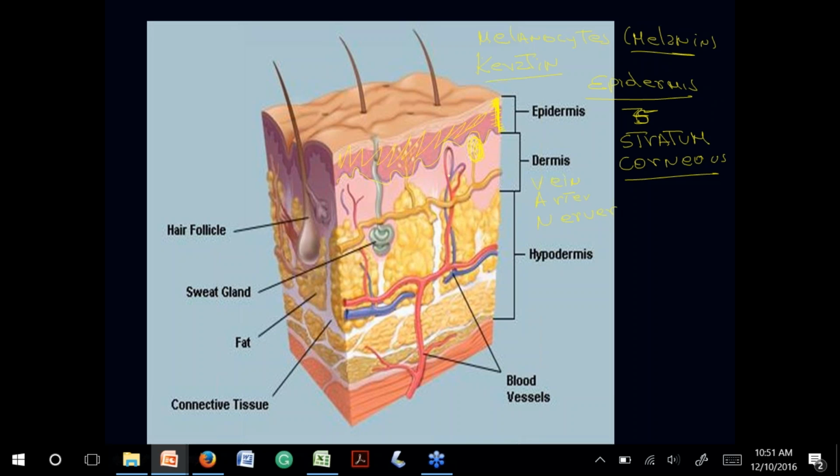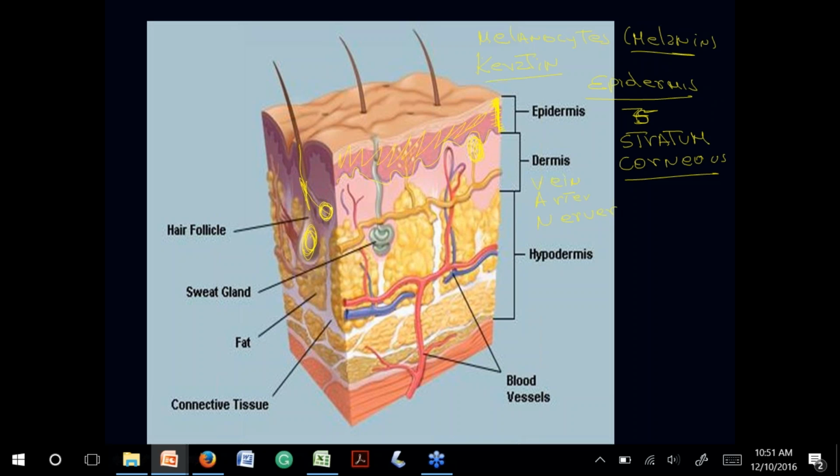Then we have arteries and veins. Here we have the hair follicle, which is in the dermis. Here we have the sebaceous gland, in relation with the follicle, which produces the oily appearance of the hair when you haven't showered for a few days.